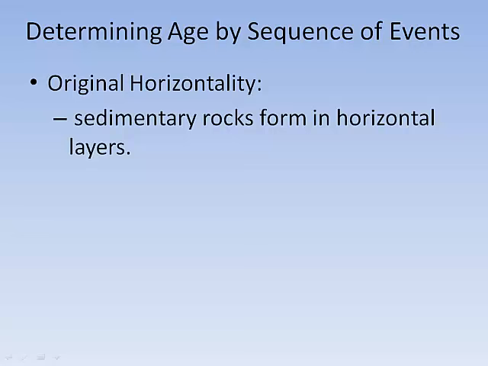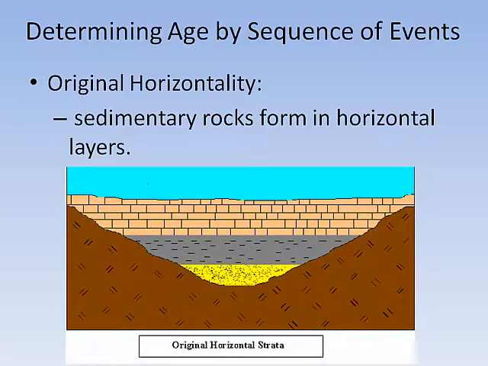Original horizontality just says that sedimentary layers form in horizontal layers. Remember that sedimentary rocks are generally formed with the help of water, and water maintains a horizontal level. So even if you have a depression like this, as the rocks fill in, they'll make horizontal layers.